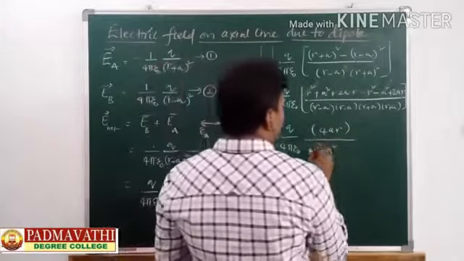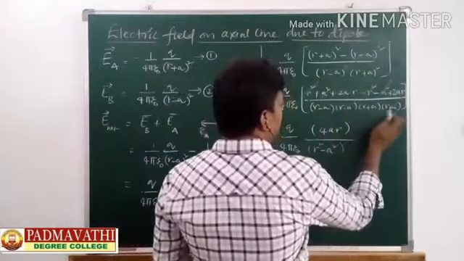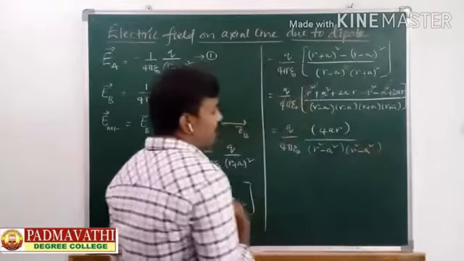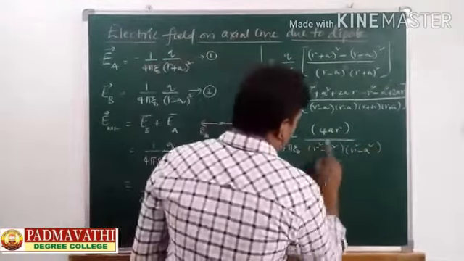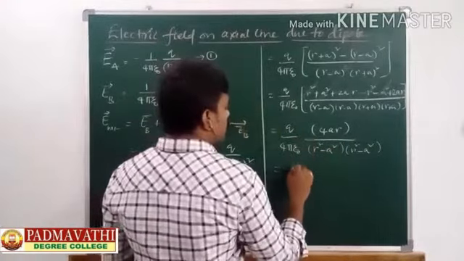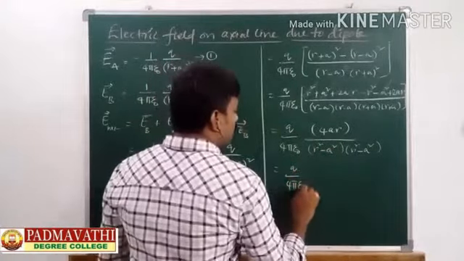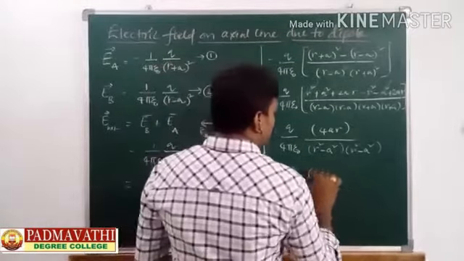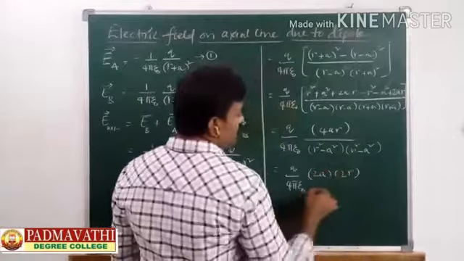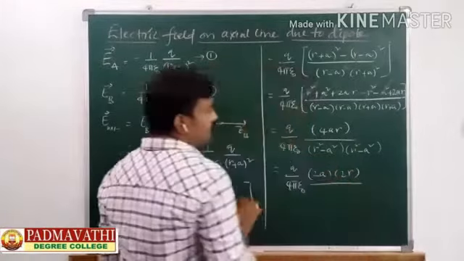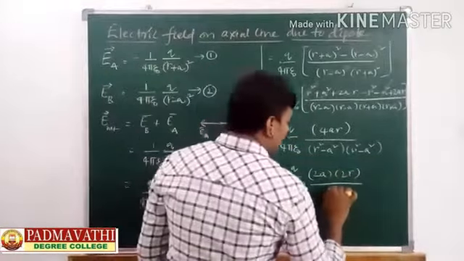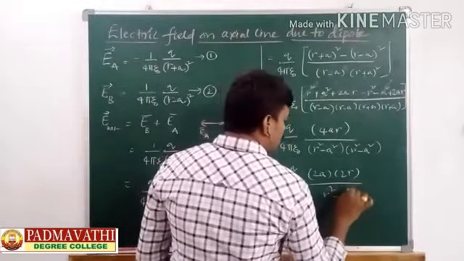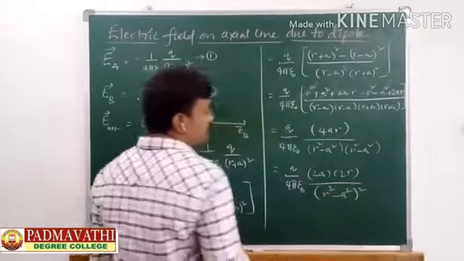And the next one is again (R minus A) into (R plus A), which is again R square minus A square. So totally, I am going to rearrange this equation: Q by 4 pi epsilon naught, I am going to write as 2A into 2R divided by, look at this, (R square minus A square) whole square.